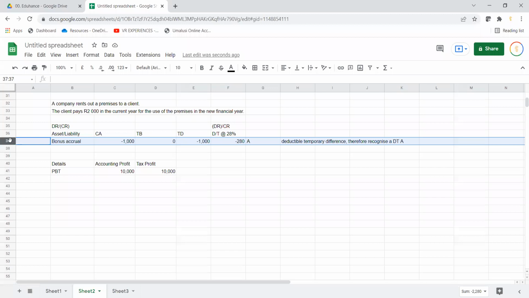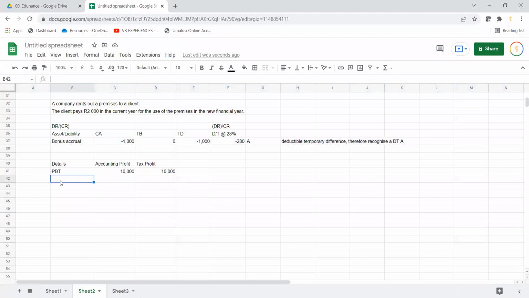Now we're going to ask ourselves, for this bonus in future, how much of that 1,000 Rand in future periods will be deductible for accounting purposes?